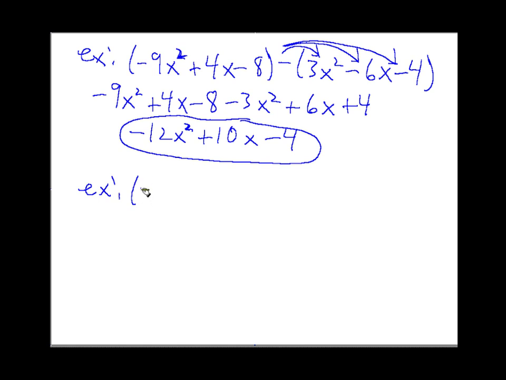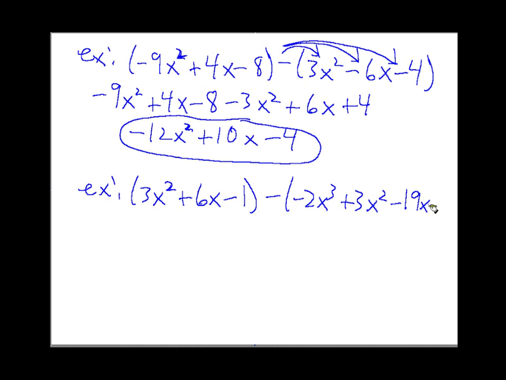Let's look at 3x squared plus 6x minus 1, minus the polynomial negative 2x cubed plus 3x squared, excuse me, minus, let's make it 19x. Okay, so let's go and try to subtract these two polynomials here.